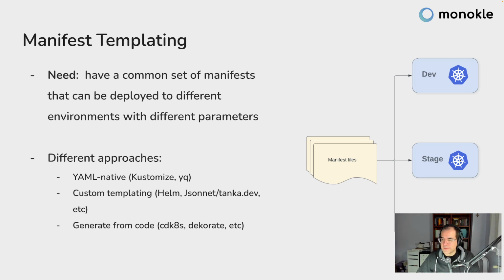As always, in the CNCF, there are different ways of doing that. You can use tools that modify the YAML directly, like Kustomize or yq, or you can use tools that use custom templates. They define a language and a way to use it, using Jsonnet, Tanka, or Helm, where you define a template in a language and then a value file that will modify that. Or you can basically use tools that will generate it from code. You code what you need.